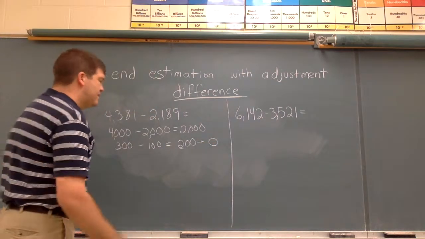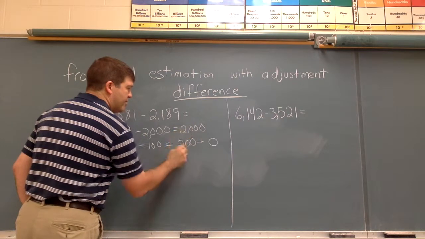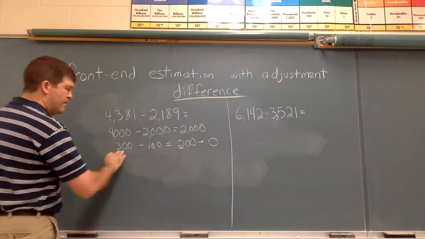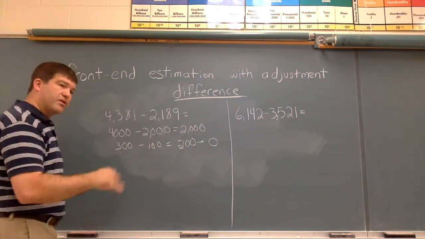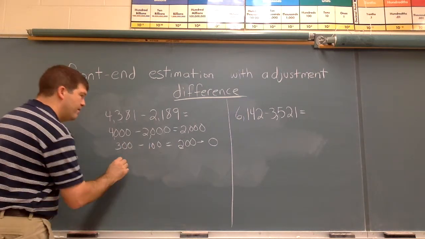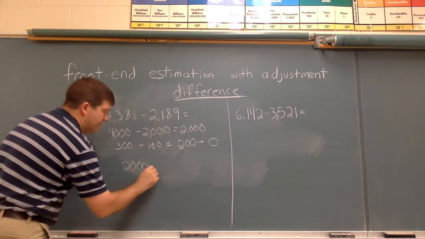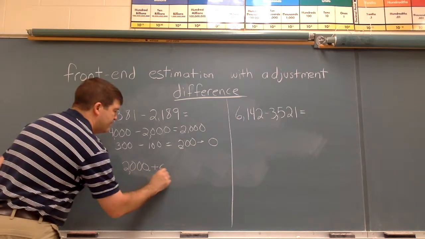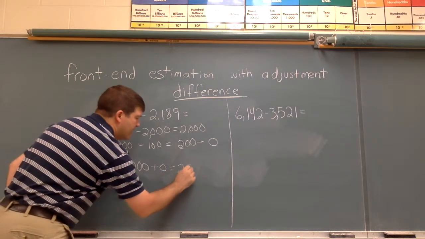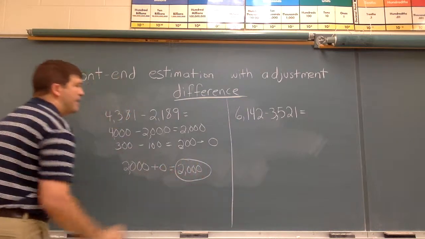0. So now I take this number, my 2,000, and my 0, and because this worked out the correct way, where I could take 100 away from 300, what I do is I take 2,000 plus 0, and I get 2,000 for my answer.